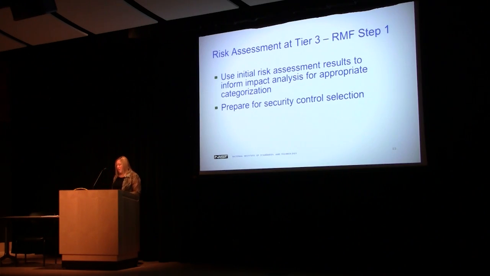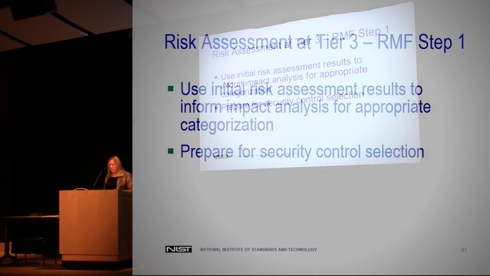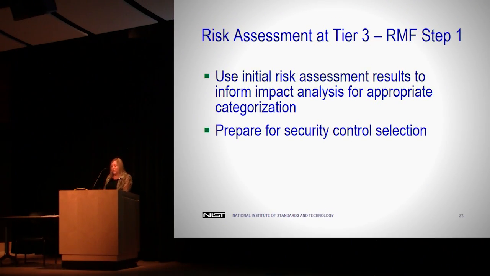So at Tier 3, the step 1 of the risk management framework is to use initial risk assessment results to inform your impact analysis for categorization. So the first step of the risk management framework is categorization. What information am I processing on this system?